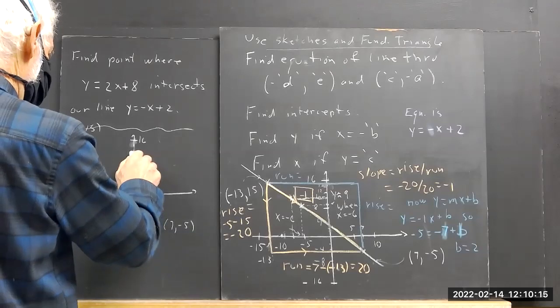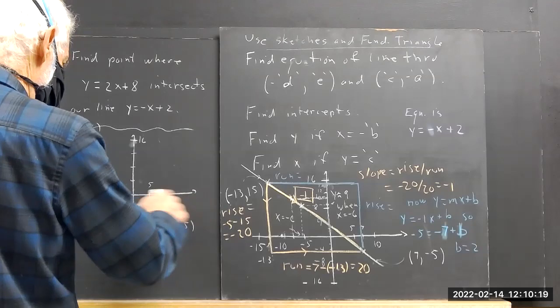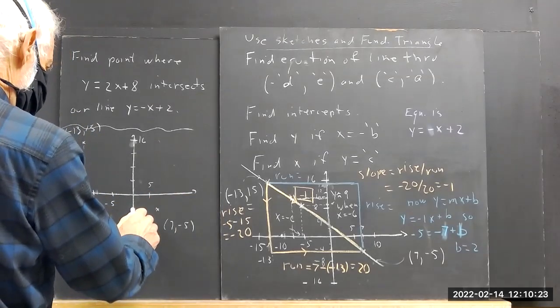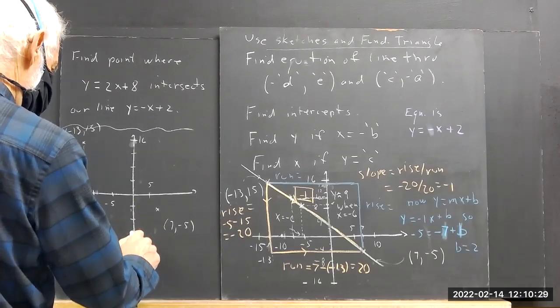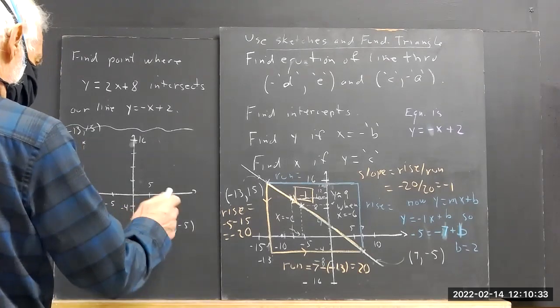There's 8, 4, and 12. And I could go out here further if I need to. But I can come down here. So I have my negative 4 here and so forth.